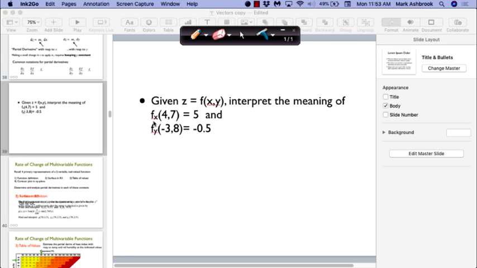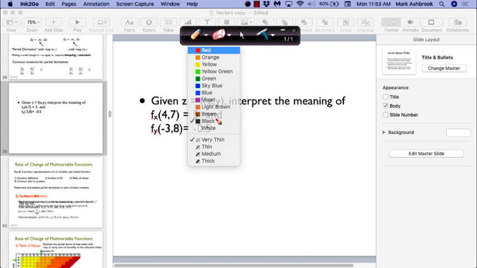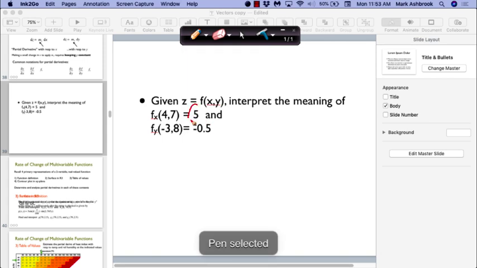And the partial derivative with respect to y when x is negative 3 and y is 8 is negative 0.5. So there is a whole mess of information packed into those values.